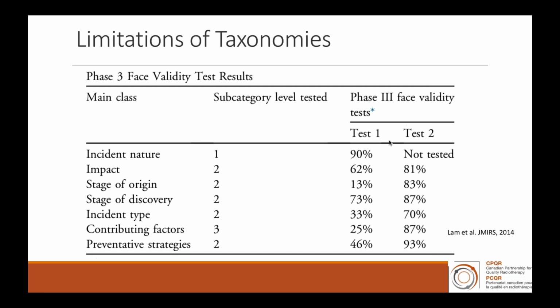After this session, another cohort of incident reports was submitted to the same individuals. This time, the level of agreement between the users rose significantly, reaching the 80s to 90% level most of the time. Still not perfect.